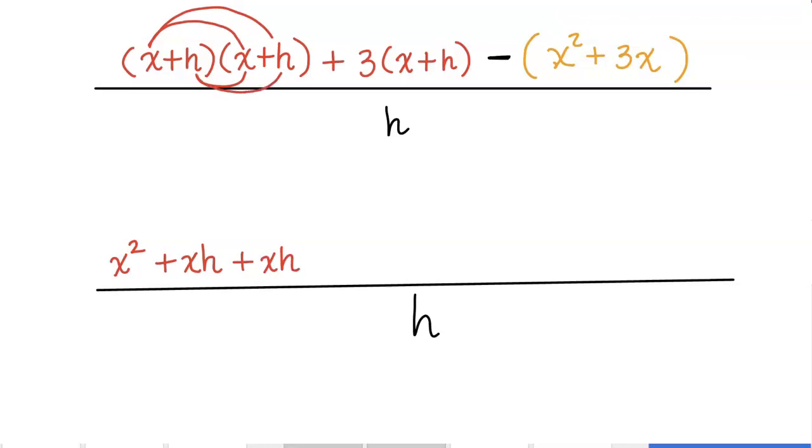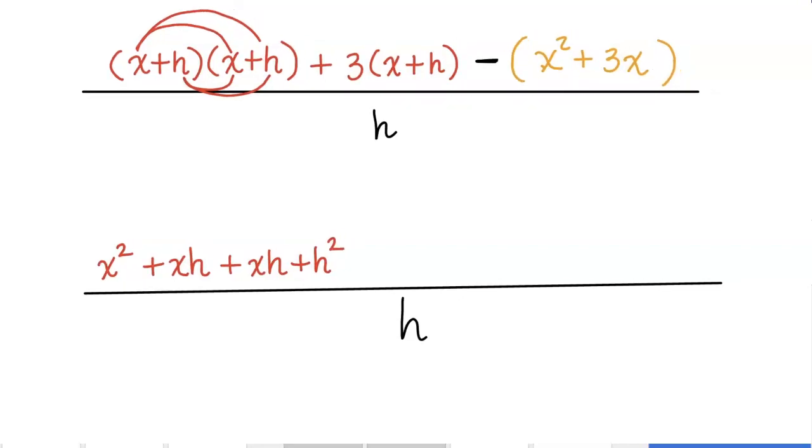And h times h will give us h squared. Okay? Moving on to that 3 part. So focus on this part for me. I'm going to distribute the 3 in. So we will get plus 3x and plus 3h.